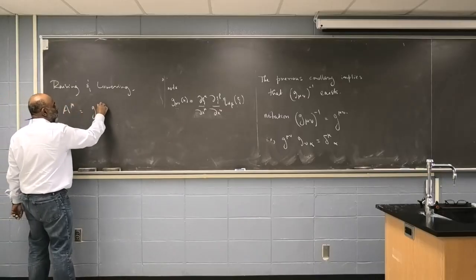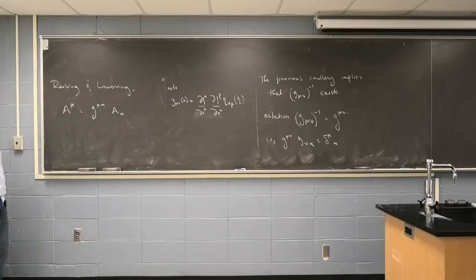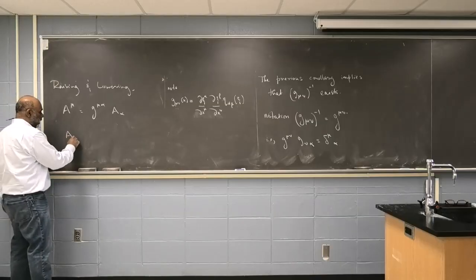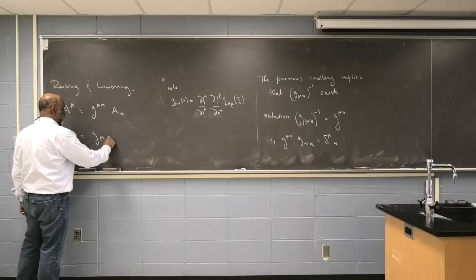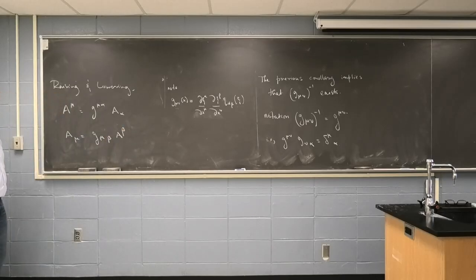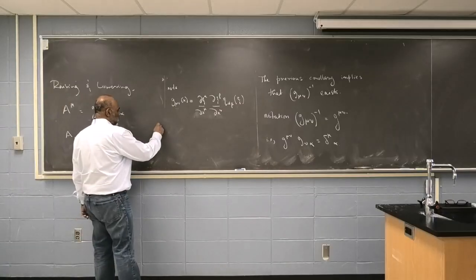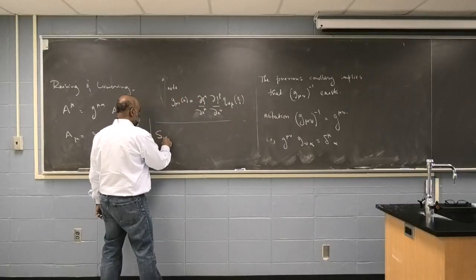It's G mu alpha, A alpha. Correct? Now let's take a tensor with 2 indices.